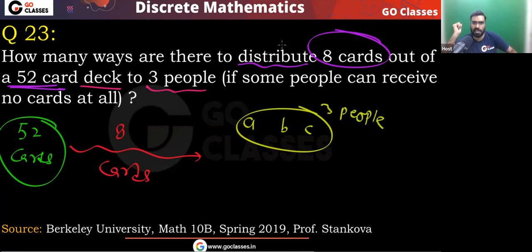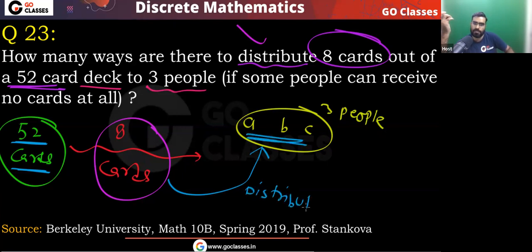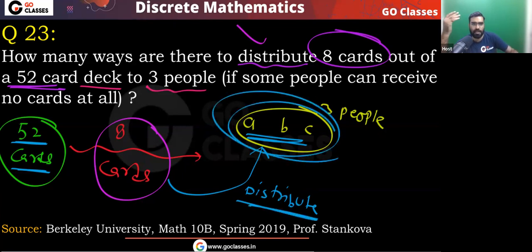So remember, the question is asking to distribute 8 cards. First you select 8 cards from the 52 cards. Now these 8 cards you distribute, you give to these people. Anyone can get any number of cards.